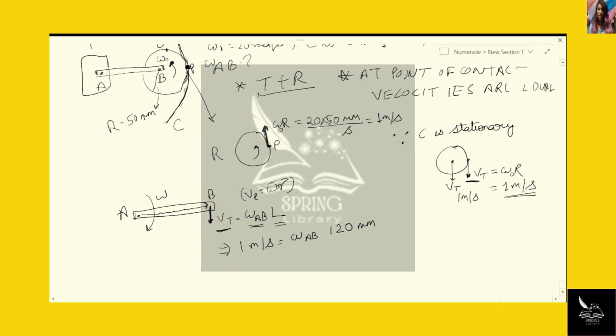millimeters. So this gives us omega AB, let's write this in millimeters as well. So it's 1000 millimeters divided by 120 millimeters per second.